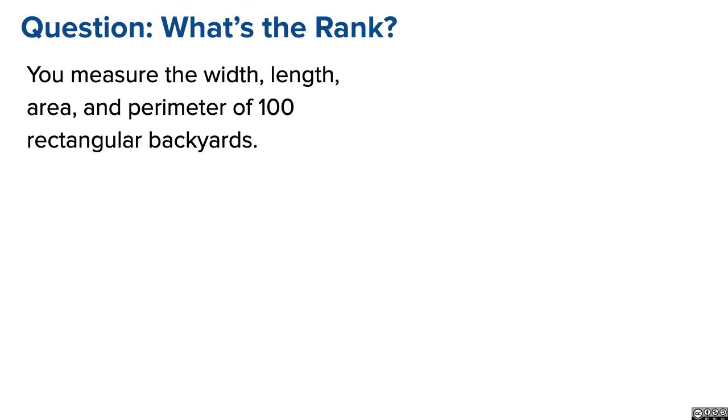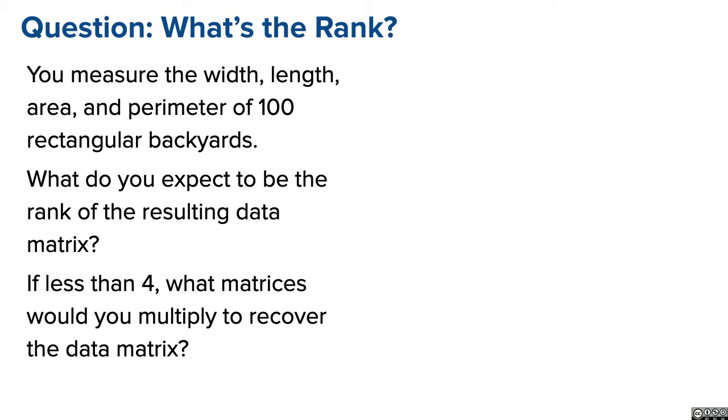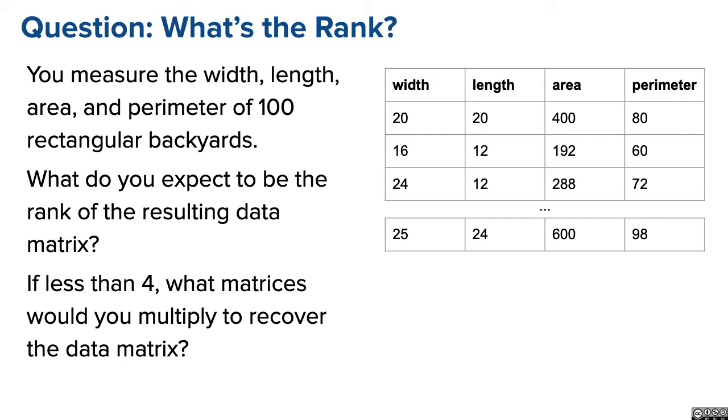One more question. You've measured the width, length, area, and perimeter of 100 backyards. What do you think the rank of the resulting matrix is? And if you think the rank is less than 4, construct the matrices to recover the data matrix. What I mean by that is, right here I have a data set with 4 columns.